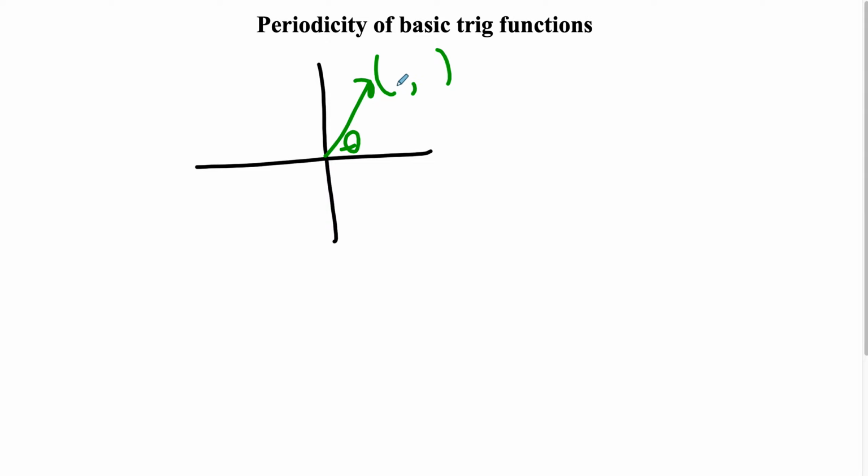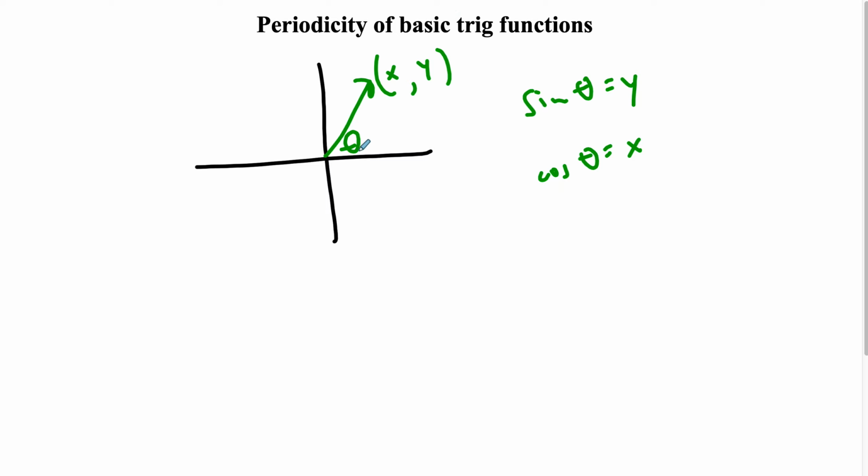Periodicity of basic trig functions. Well, if you think about it carefully, the sine of any given angle, right? So here's some angle, let's call it theta. The sine of that angle, the sine of theta, is going to be y, right? As a matter of fact, the cosine of that angle is going to be x.